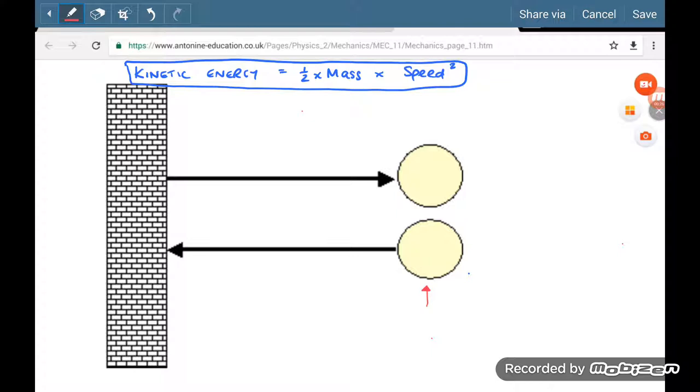And so we weighed it, and we could work out half the mass, and then we calculated the speed in quite a clever way. We got a meter ruler, and we timed how long it took the ball to travel 1 meter, say, or you might have made it 2 meters. And then using our speed equals distance over time triangle, we could see that the speed was the distance you chose divided by how long it took to travel it.